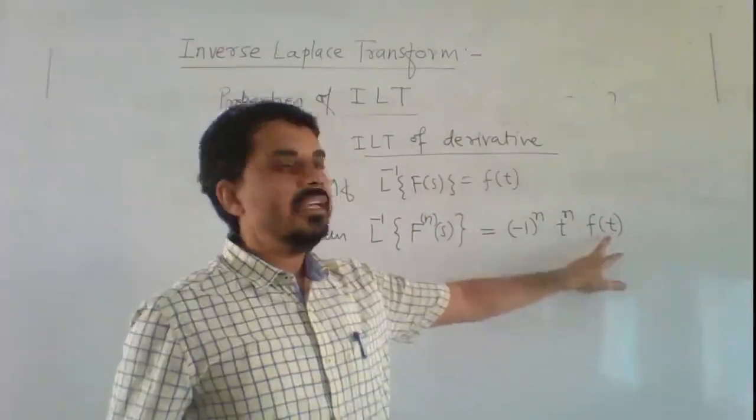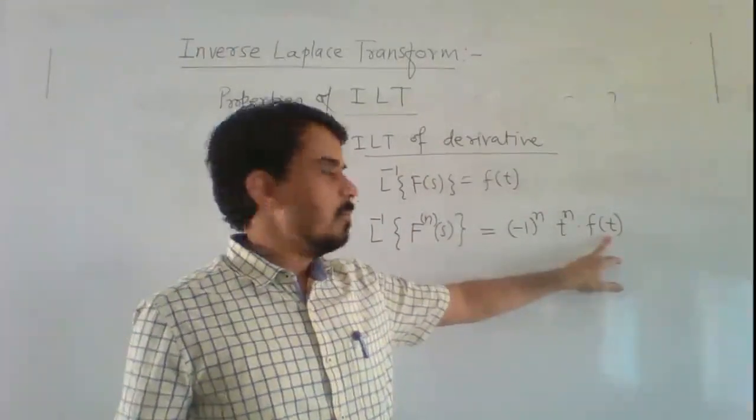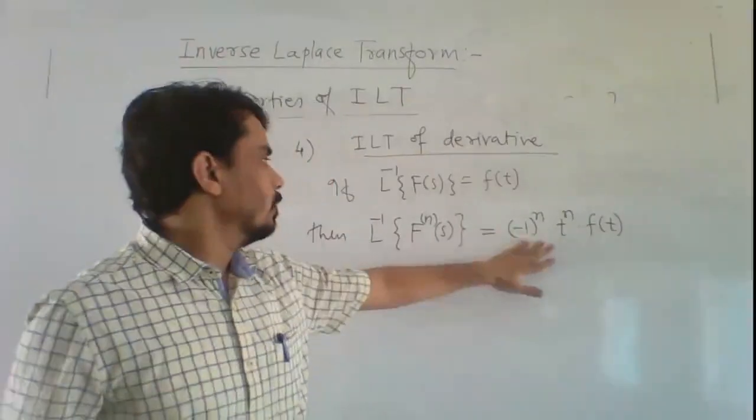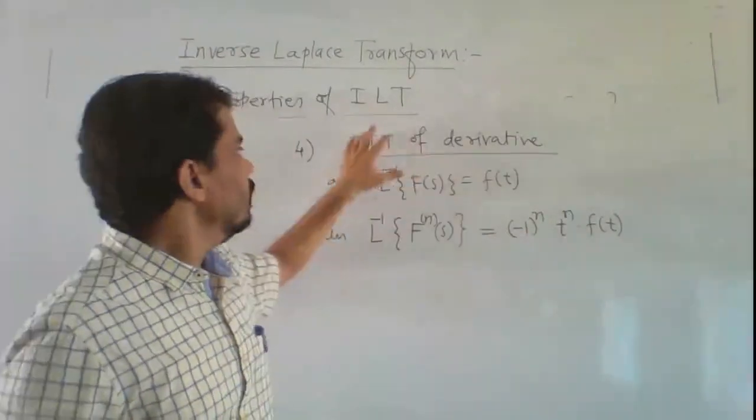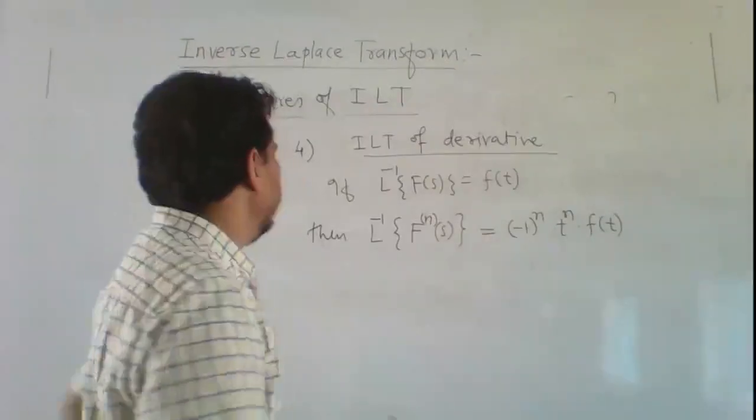Here f of t is the inverse Laplace transform of f of s. So this is the formula, this is the property of the inverse Laplace transform for the derivative.